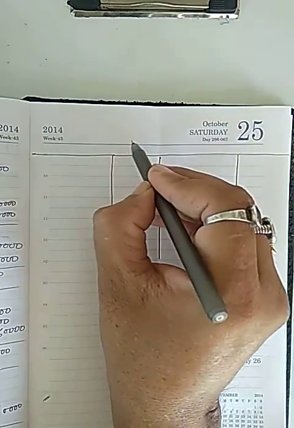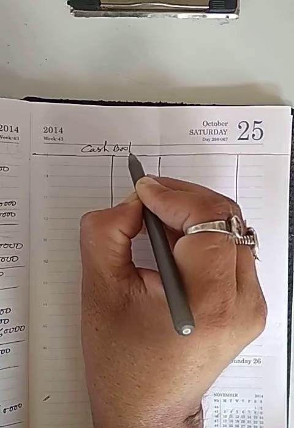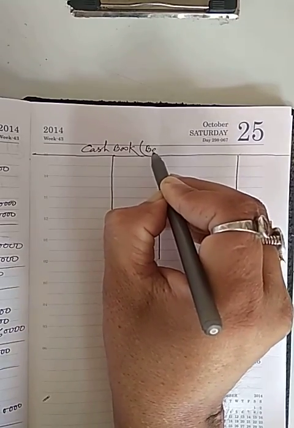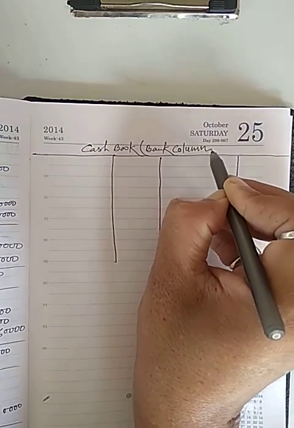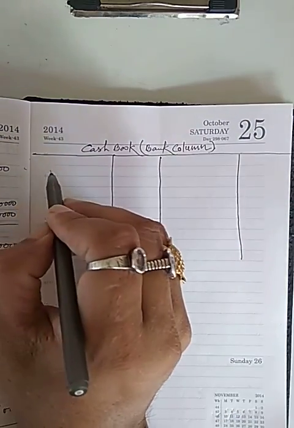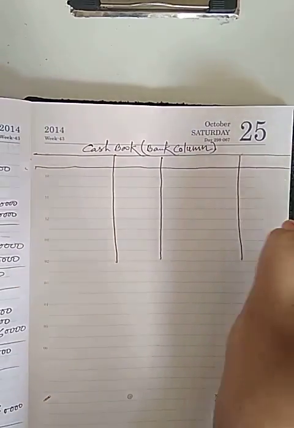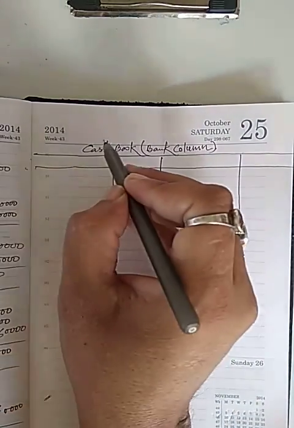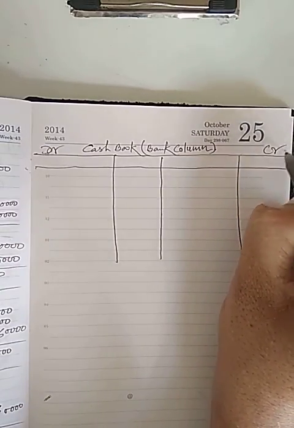I will write cash book, bank column. Now this is the debit side and this is the credit side.